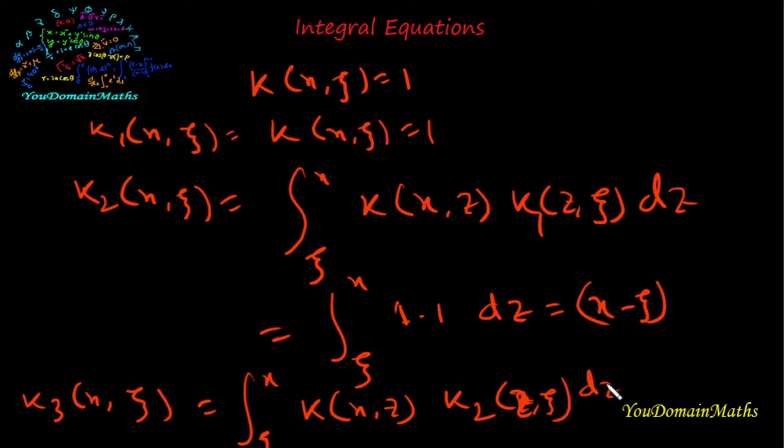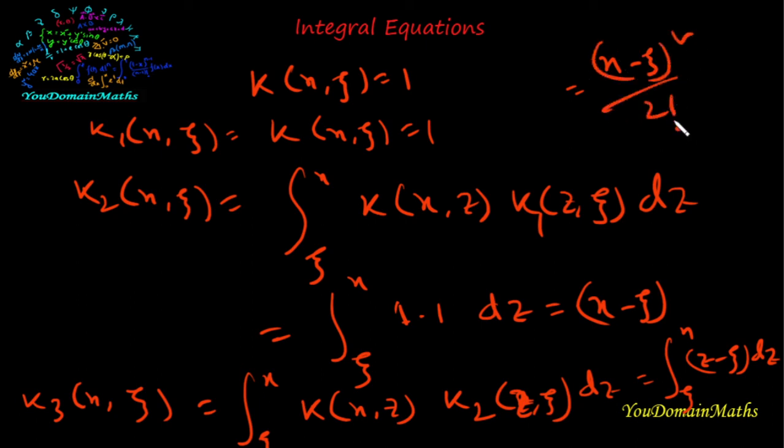Putting in here and integrating, K(x, z) is 1, and K2(z, xi) is z minus xi, so the integrand is z minus xi dz, and integrating this we find x minus xi whole square by factorial 2.